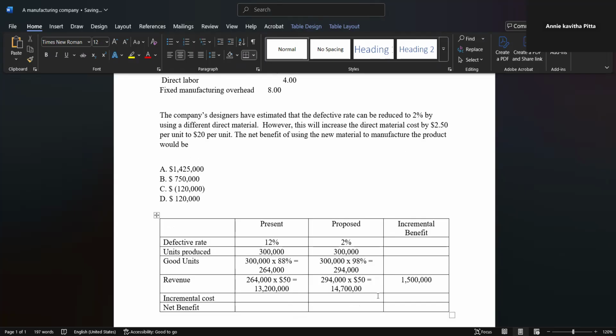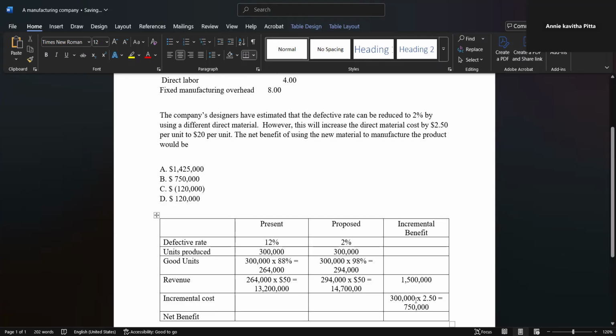The increase in cost is anticipated only for material cost. Material cost will increase by 2.50. So the total number of units is 300,000 units into 2.50, which is equal to 750,000. 750,000 is the incremental cost.